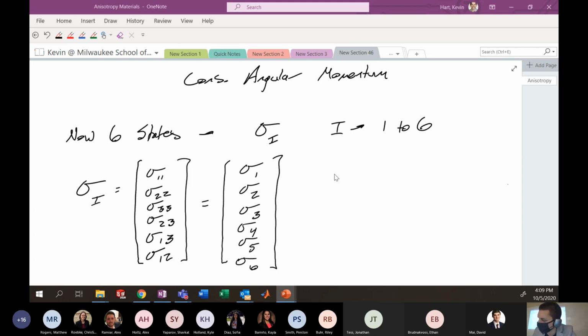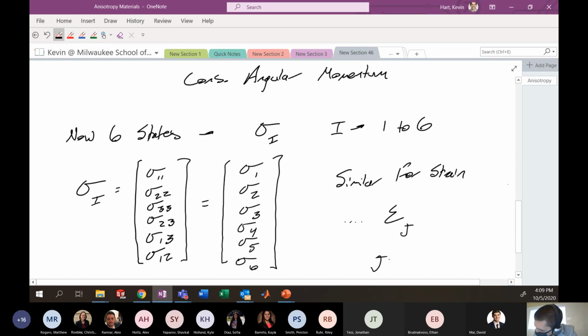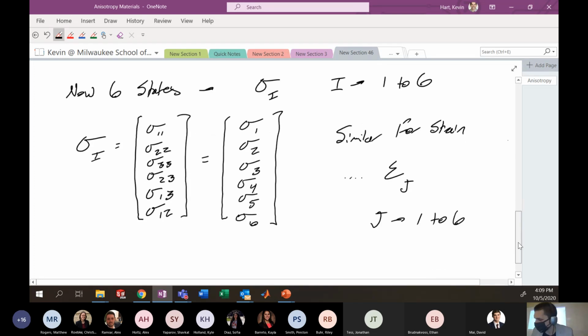Similar for strain, we'll usually label this as epsilon j, with j going from 1 to 6, the same general structure as over here. So when we have this contracted additional notation to represent these 6 stress states, we can write a general Hooke's law that relates the stress to the strain in the most general way possible.